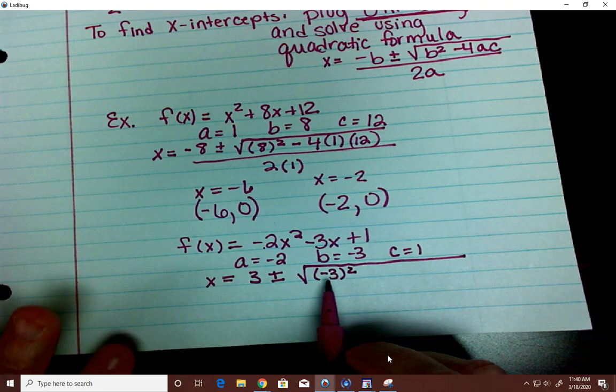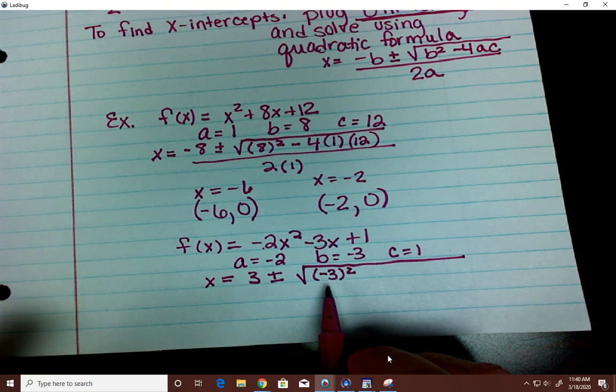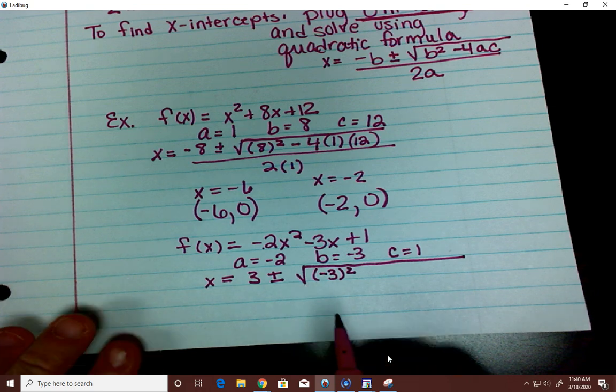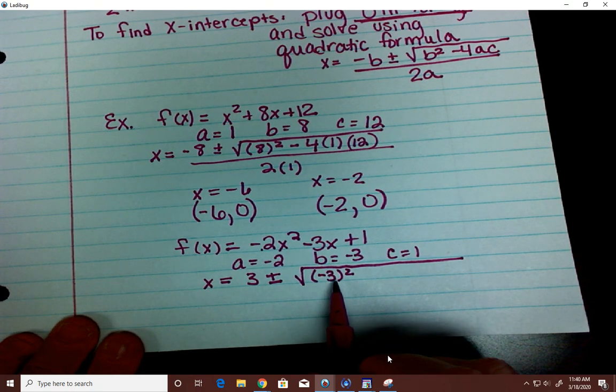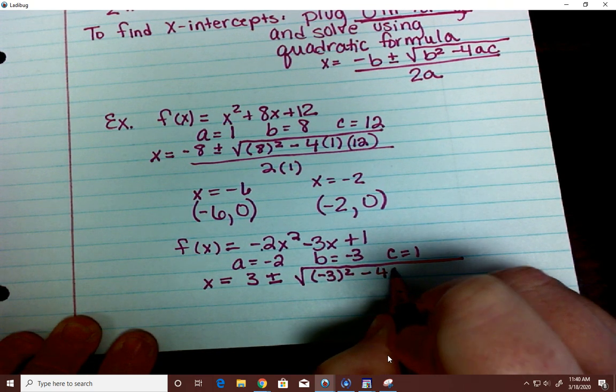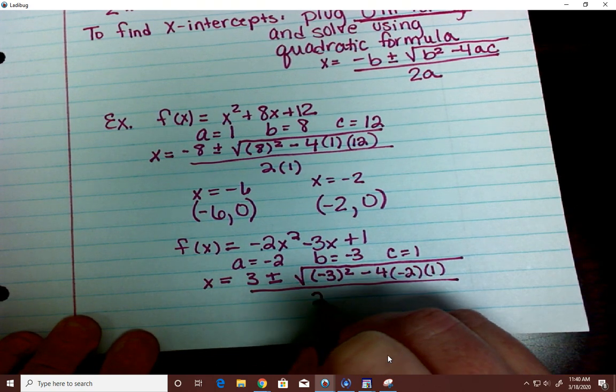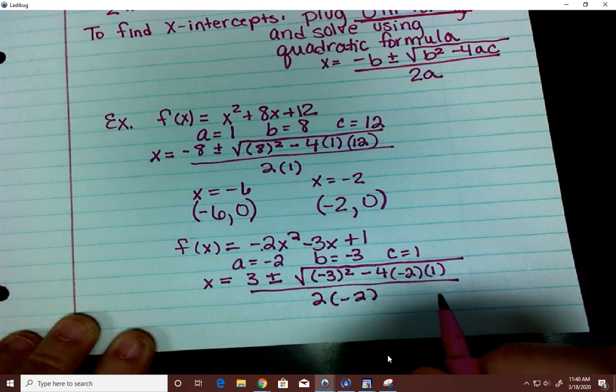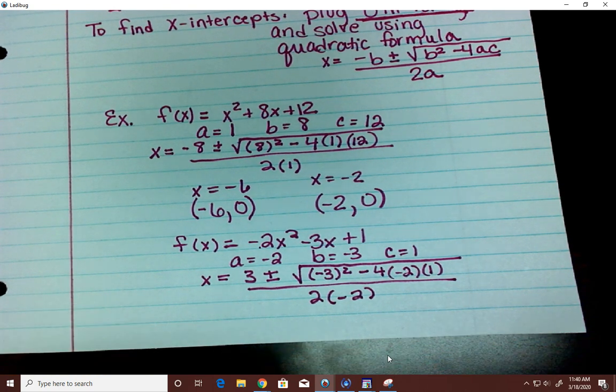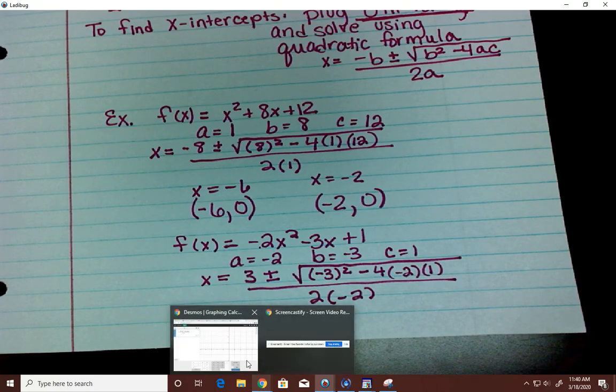Now here's where it would really matter, and you would get a wrong answer, and some of you did, and I made you a comment. This has to be in parentheses. Minus 4 times a times c, all over 2 times a. Alright, so then I'm going to go back to Desmos and type this in.